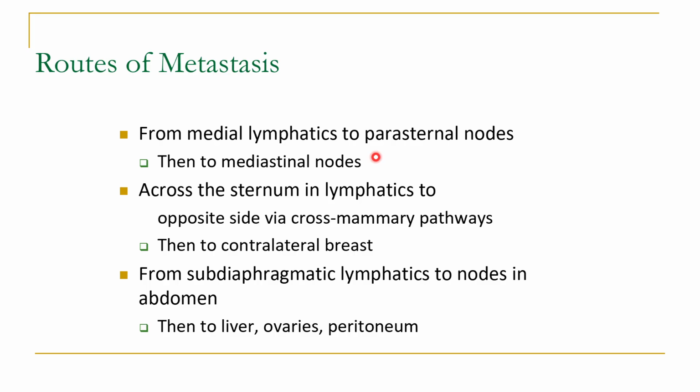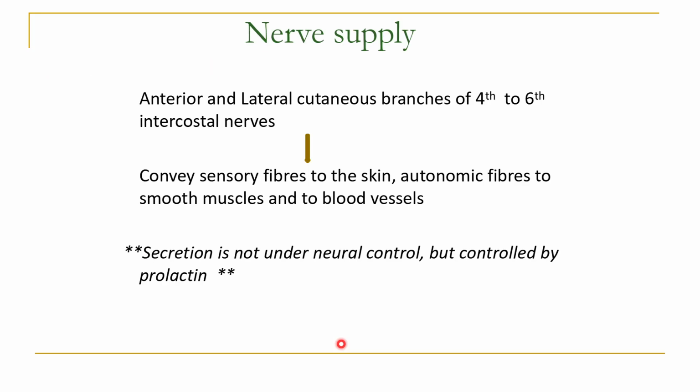Across the sternum, the lymphatics can go to the contralateral breast. From the subdiaphragmatic lymphatics to the nodes of the abdomen, and then to the liver, ovaries and peritoneum. So these are the routes of metastasis.